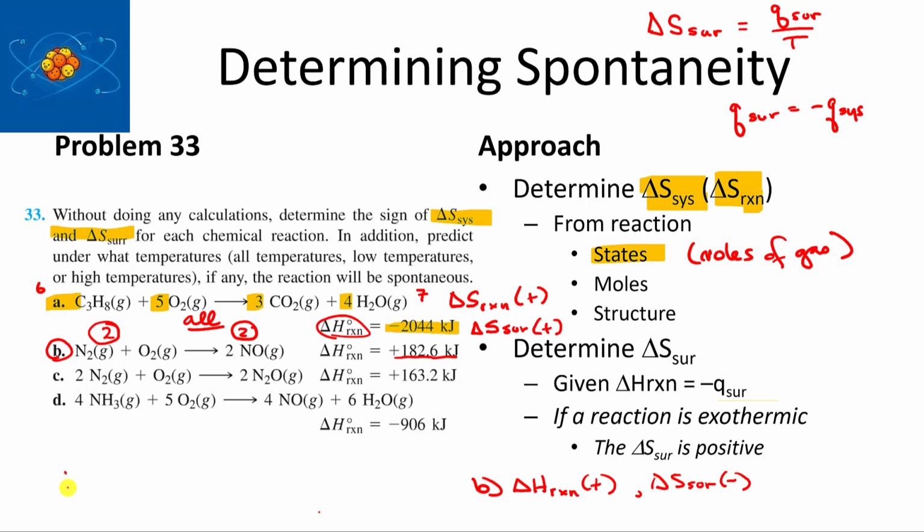So for example, N2 has only one way it can be oriented, and then NO could be either this way or this way. And as a result, each mole of gas on the products has more degrees of freedom, translational freedom really, than the moles of gas on the left side. So delta S is positive for this.